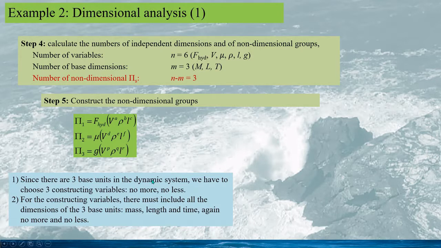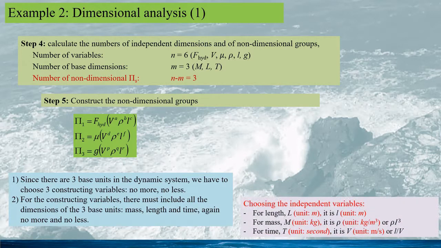And the constructing variables must include all the dimensions of the 3 base units: the mass, kg, the length, meter, and the time, second. Again, no more, no less. So the length is from the length of the structure. And the mass comes from the density of the fluid here. And the time is from the velocity of the structure.